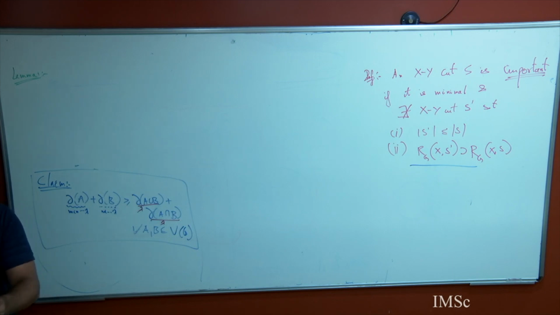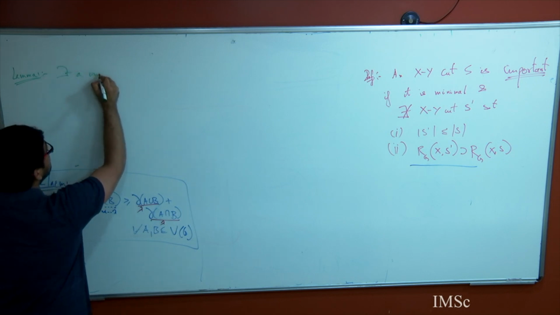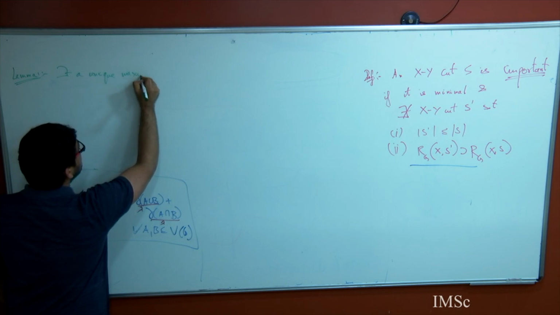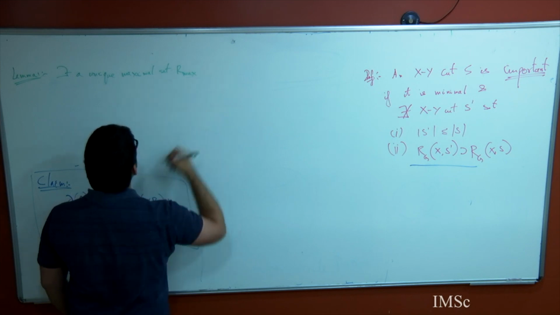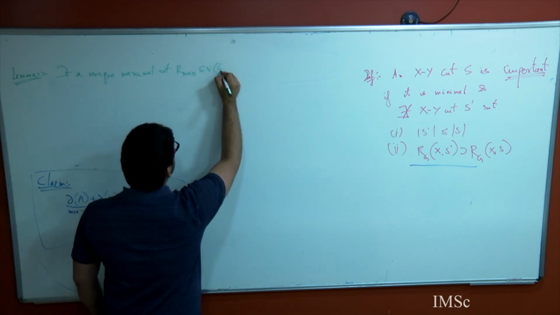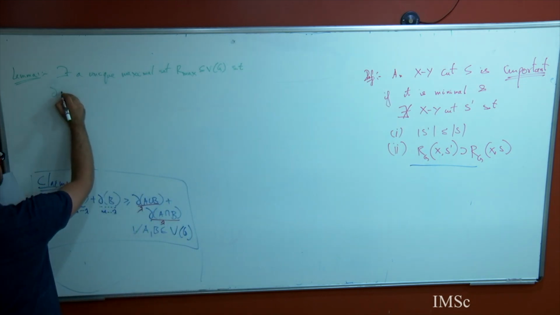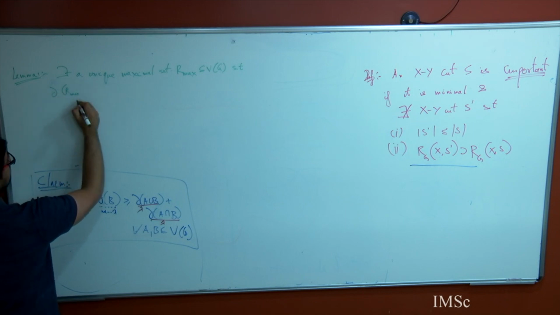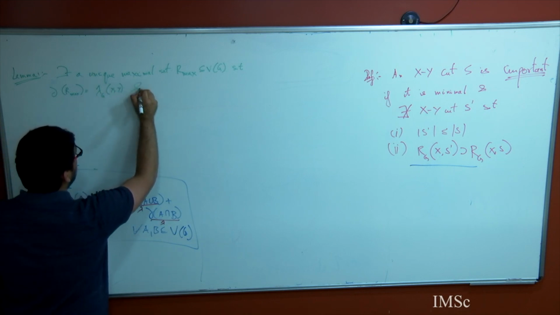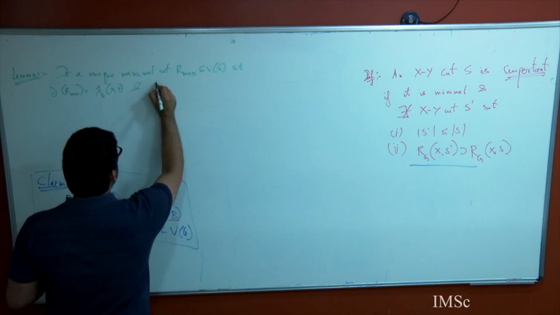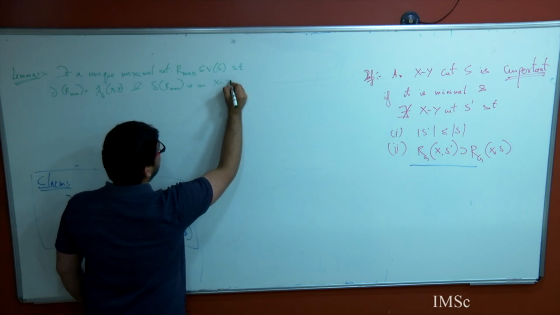There exists a unique maximal set, which I call R max, such that delta of R max is a minimum xy cut.